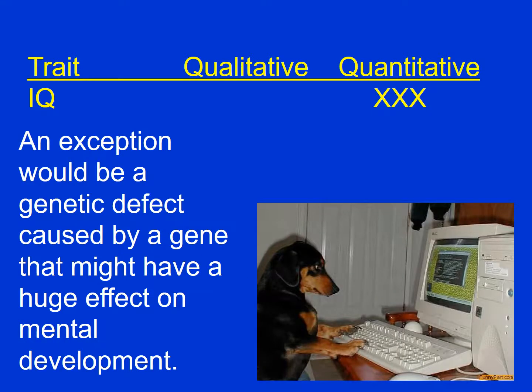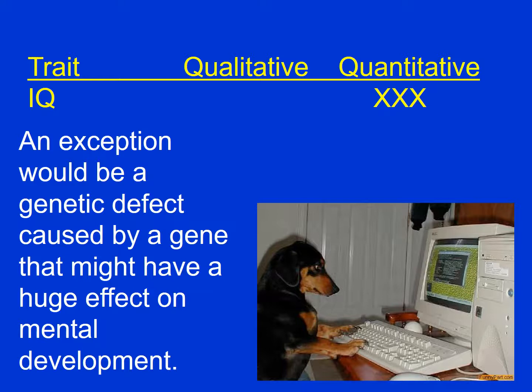IQ, now, we generally don't talk about IQ in animals because we don't have an objective test to measure it, but we do say that some animals are smarter, maybe easier to train than others. So we do spend a lot of time training companion animals, for example, like dogs.